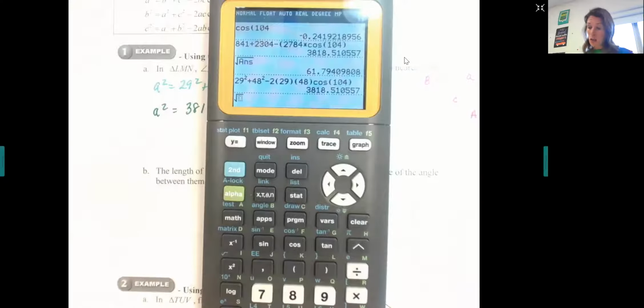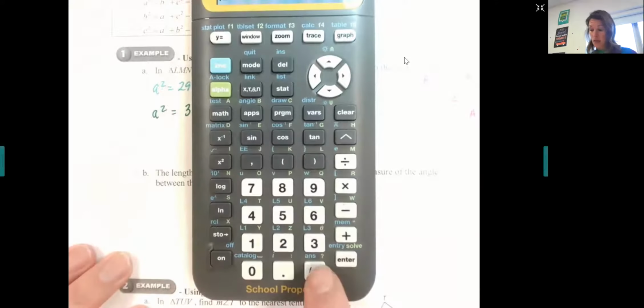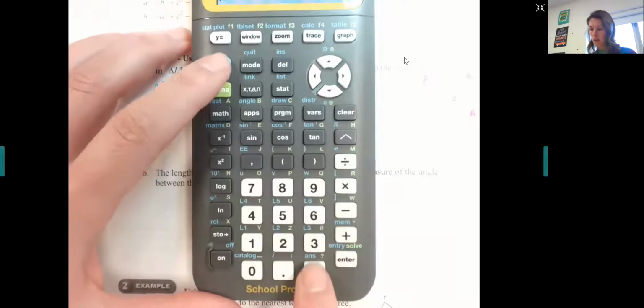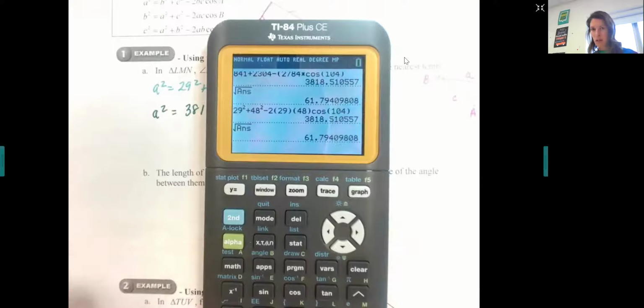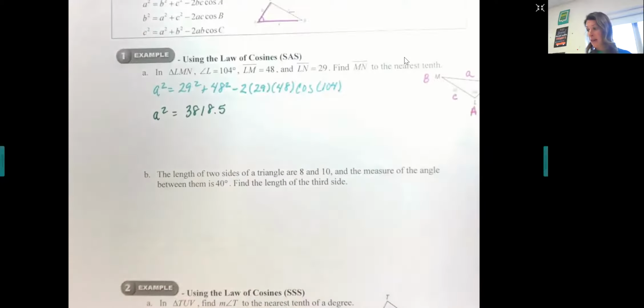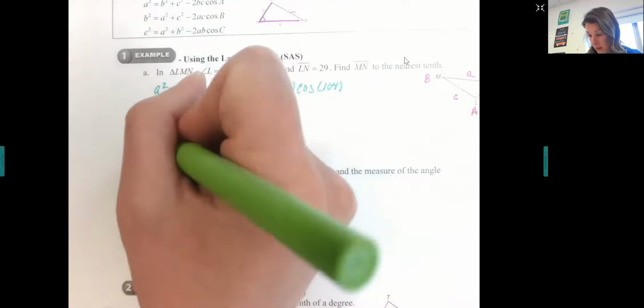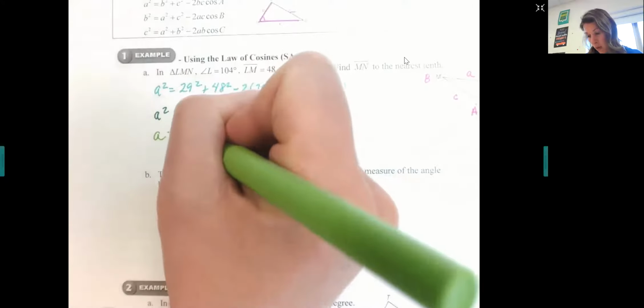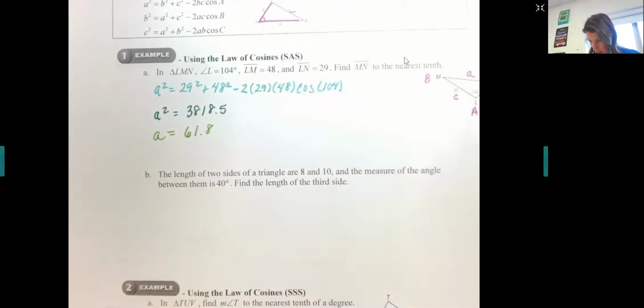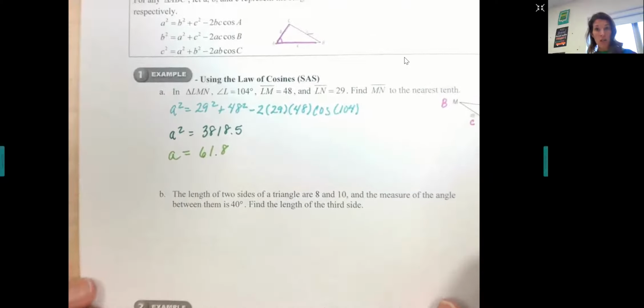Then you can either type that number in, or notice the answer is above my negative sign. See how it says answer? It's blue, so we push the blue button, push answer, and it's in there, and we just push enter. So our side a is equal to 61.8. We are not given units, so it's just equal to 61.8.